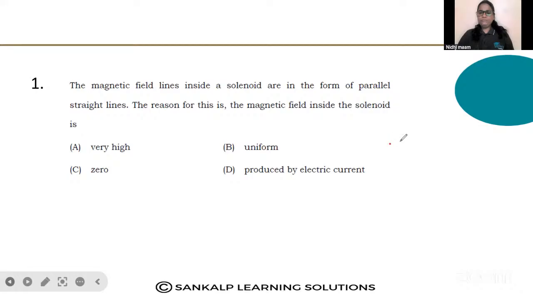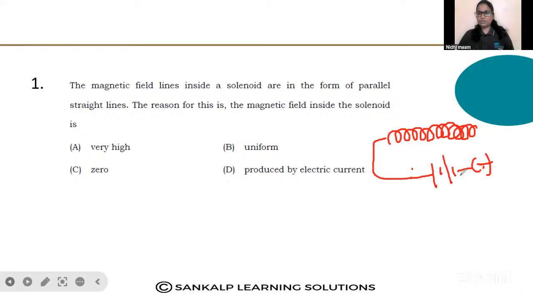So yesterday we learnt about the solenoid. What is a solenoid? It is nothing but turnings, circular loops. This will be connected to a battery, then a switch. When the electric current is passed, the magnetic lines inside the solenoid will be parallel to one another.